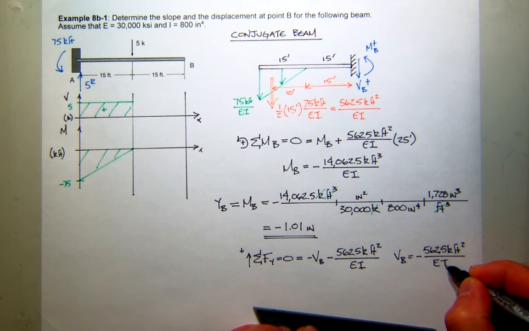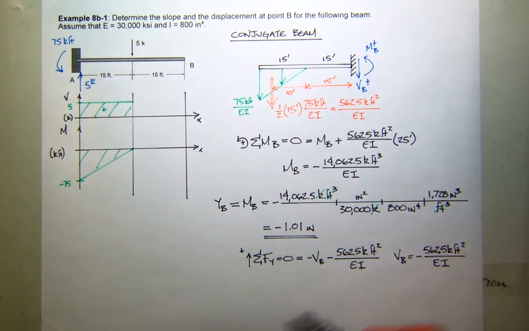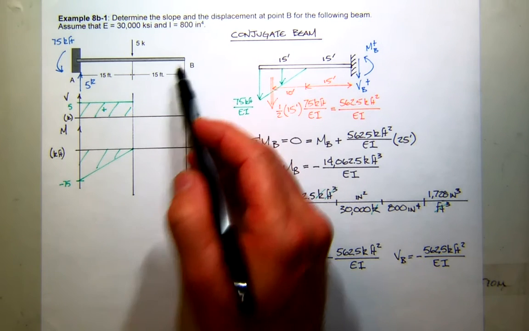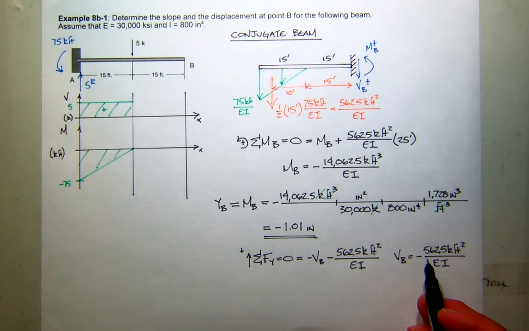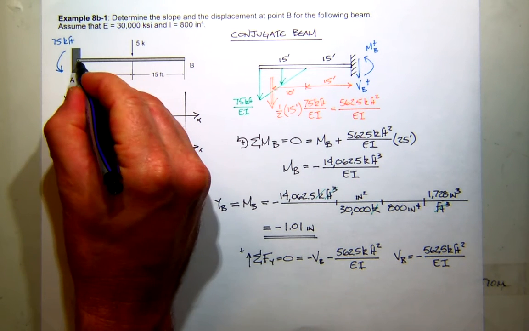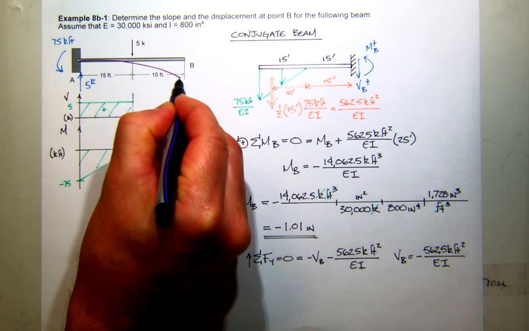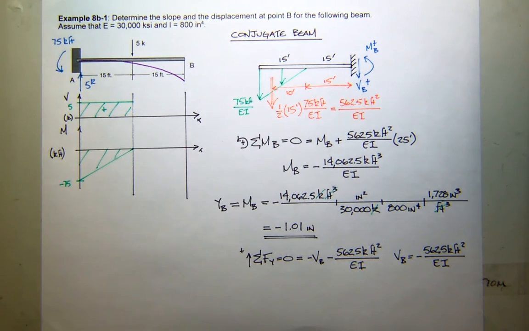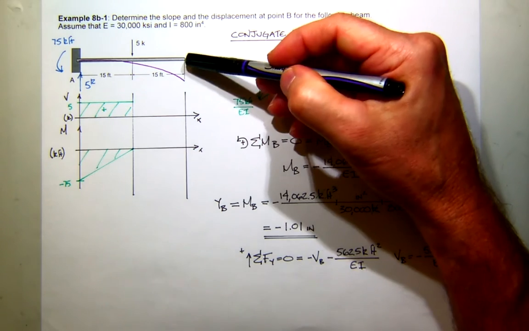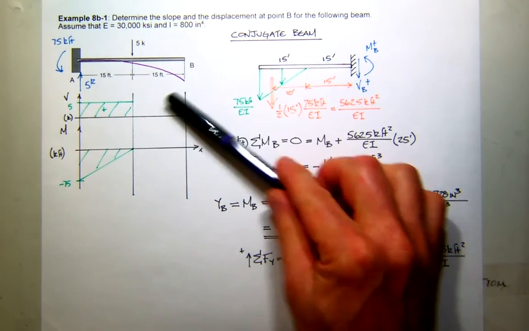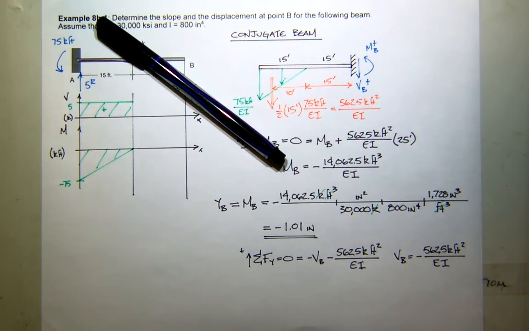Now what is shear in the conjugate beam? How does that map back to the real beam? Slope. It says the slope is negative. Does that make sense? Yes. So remember, we think that our beam is going to deflect like that. So you can see that I have negative displacement and also negative slope.